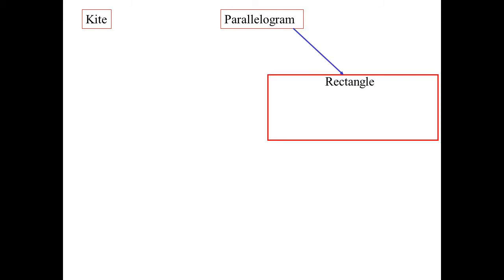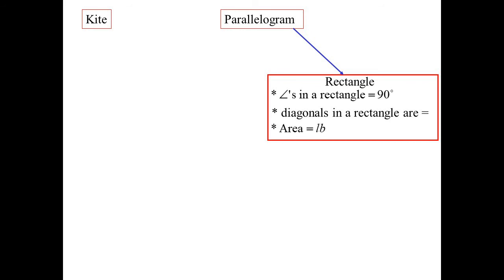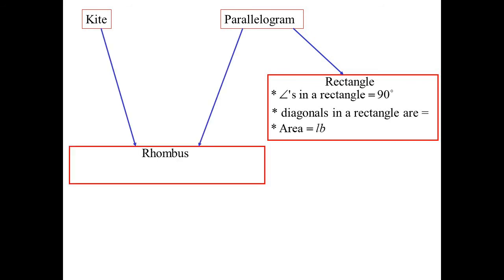Okay, the rectangle branches off the parallelogram. We get a little bit more specialized because now we know that the angles in the rectangle are 90 degrees. The diagonals now become equal. And we have an area formula, length times breadth. Our rhombus branches from both the kite and the parallelogram. This is why we use the formula for the area of a kite to find the area of a rhombus, because a rhombus is a specialized kite.